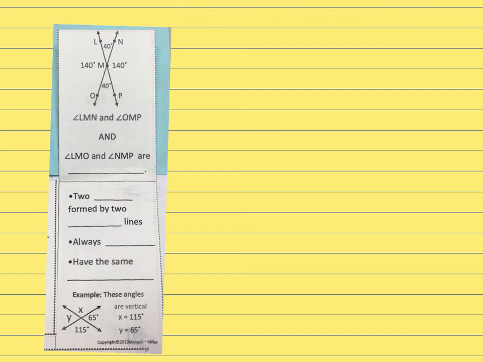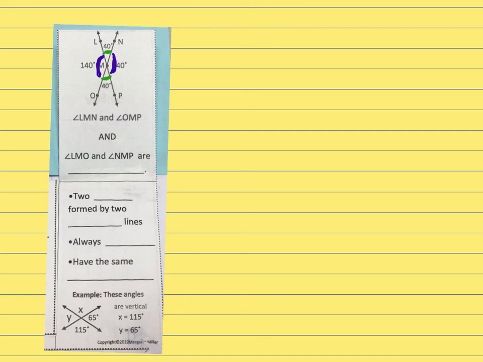Then the fourth flap was vertical. And for this one, vertical angles are always congruent. So, for example, this has a 40 and this has a 40. When you have a grouping of four angles made by two intersecting lines, the vertical angles are congruent to each other.